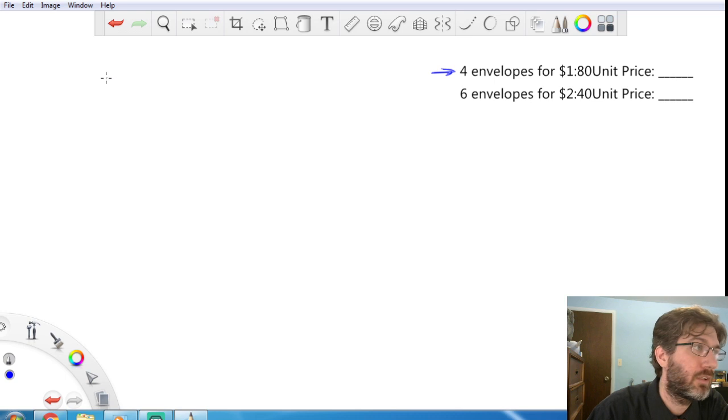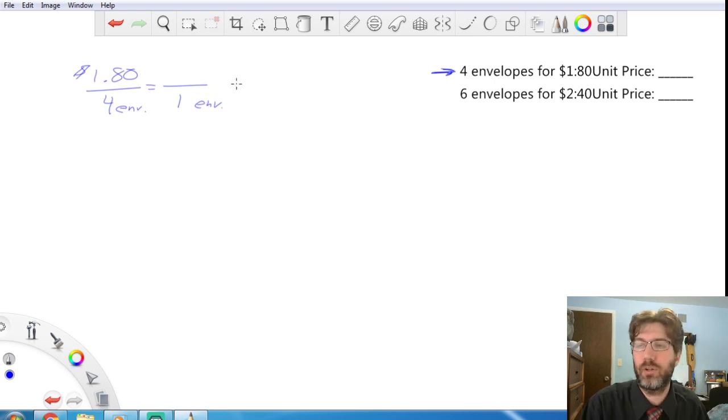So again, you can set it up as I'm comparing prices, so you want money on top. $1.80 gives me 4 envelopes. That is the same thing as 1 envelope. So what is the price of 1 envelope in this case?